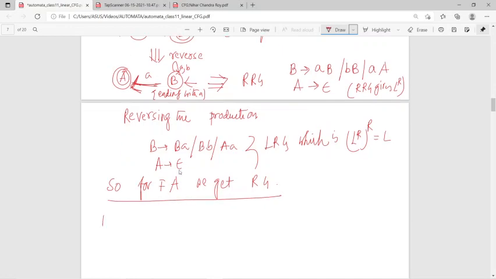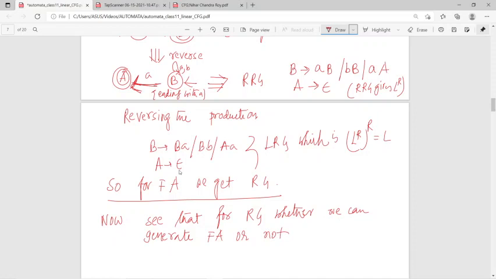That means, for regular grammar, whether we can generate the finite automata or not. That is the case that we should think of.